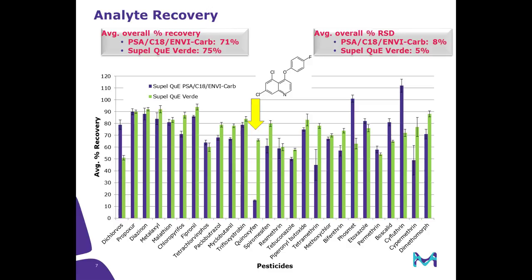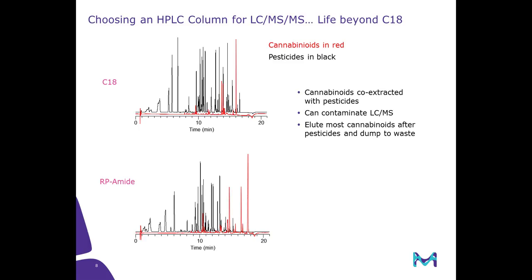And canoxyphen, the structure of which is shown here, is planar, okay? So it will stick to these graphitized carbons quite strongly. Now, the Verde mix has a specialty carbon in it that is not as retentive for these planar molecules. So hence, we get a much better recovery of this canoxyphen pesticide using the Verde mix compared to the conventional mix.